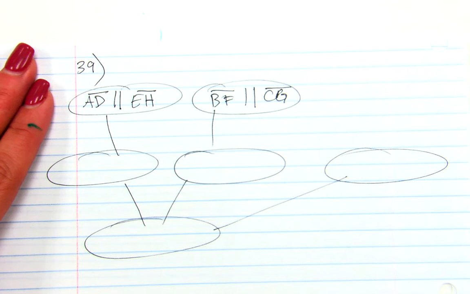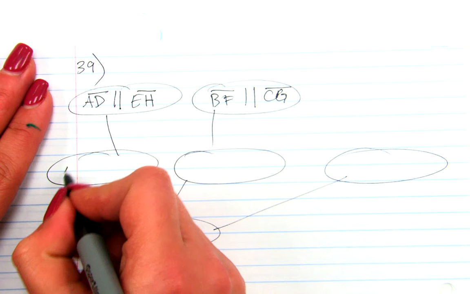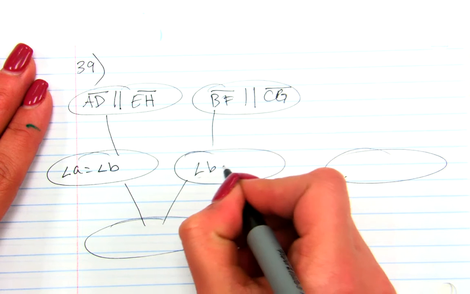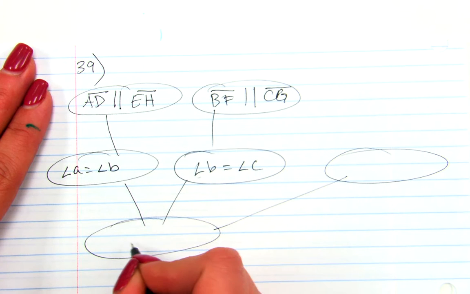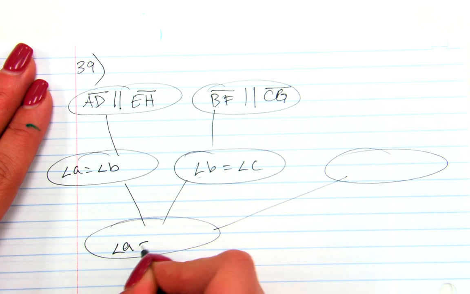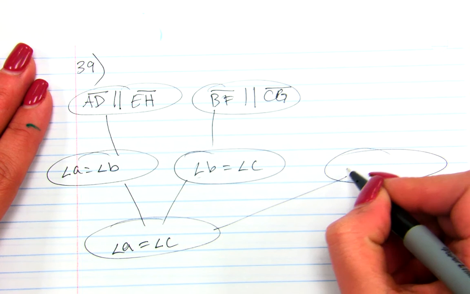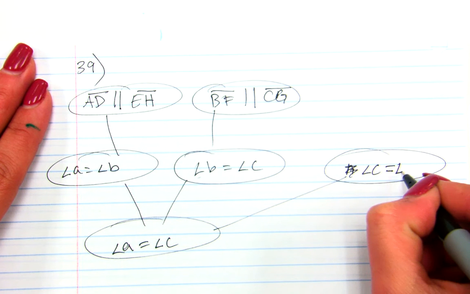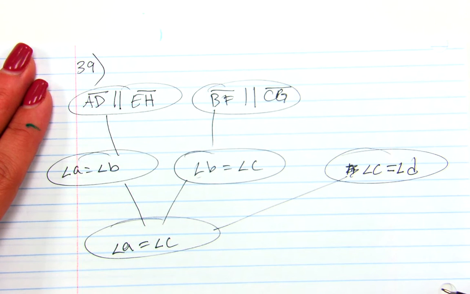Then you have angle A is equal to angle B. Angle B is equal to angle C. So that means angle A is equal to angle C. And then this one's going to be angle C is the same as angle D.